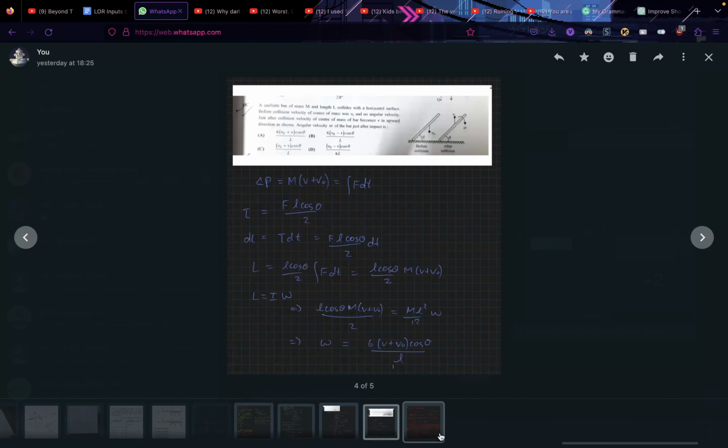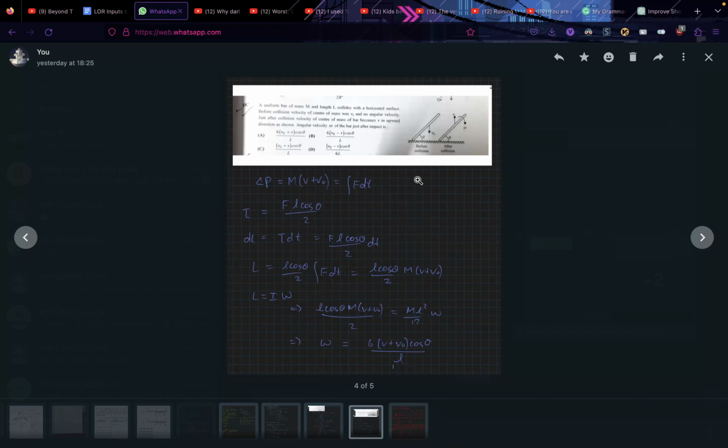So I read now. You wrote delta P you have calculated. Fine, I don't have any issues there. Torque you are calculating, about which point have you taken it? I'm calculating torque about the center of mass.